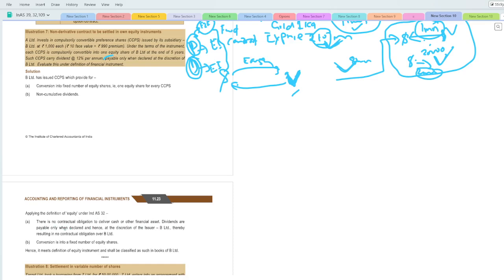Dividends are payable only when they're declared and hence at the discretion of the issuer. So this is what we have also interpreted. So the dividend is an equity instrument because here there is no obligation to pay the cash. And for the equity shares, you need to see another condition, that is the fixed to fixed test. So conversion into the fixed number of the shares. So that's why it meets the definition of the equity instrument and shall be classified as such in the books of B Limited.